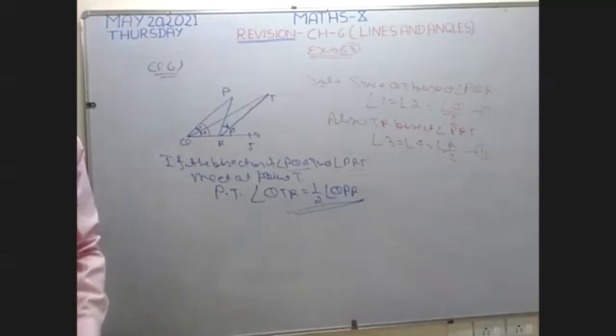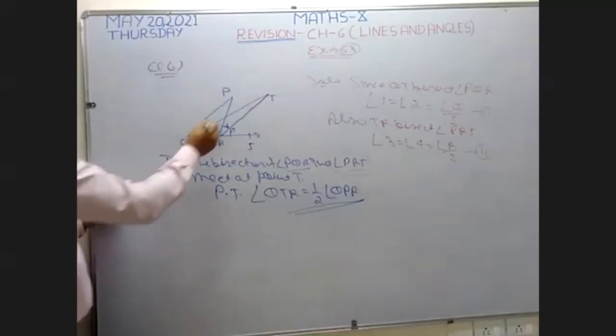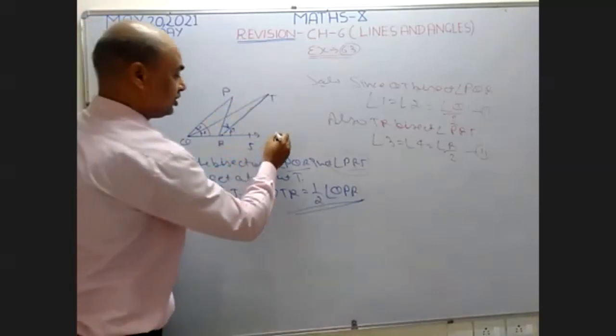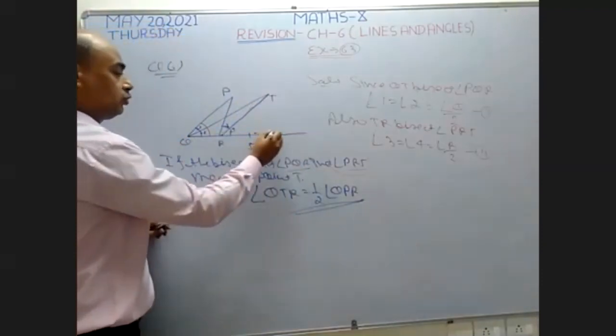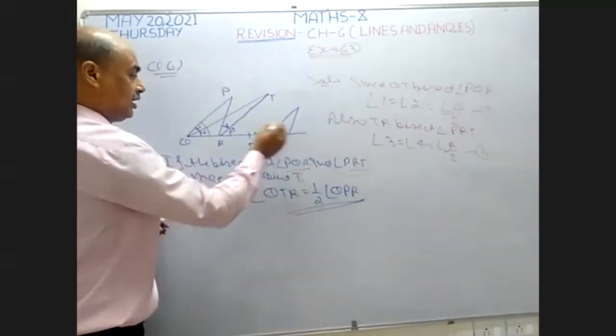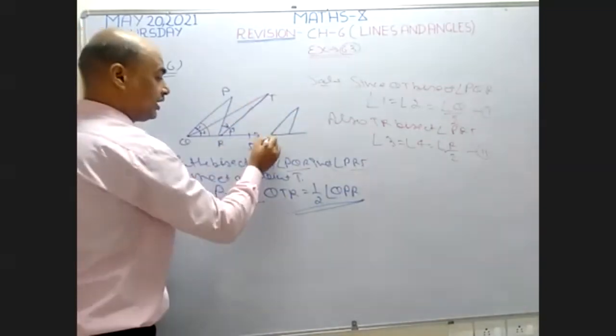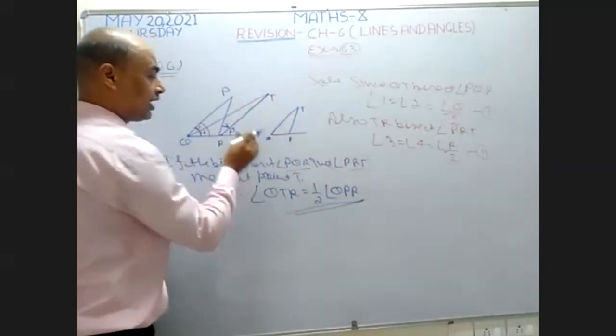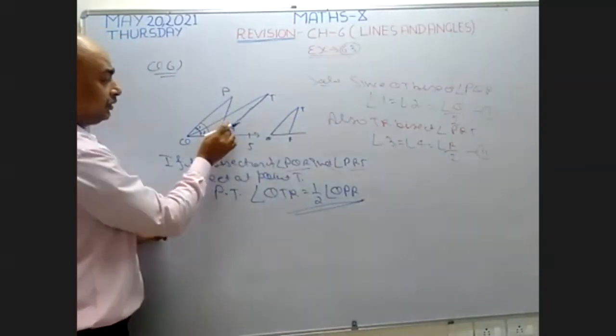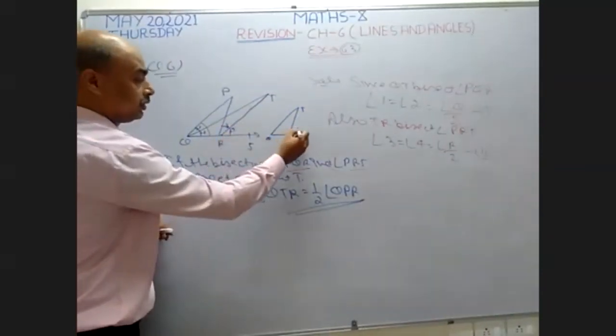Okay, now I want to explain the next part. Now see, I take this triangle first. I'm going to make it separately, beta, so that you can understand better. The name of this triangle is QTR. I write here QTR. What is written here? Angle 4.